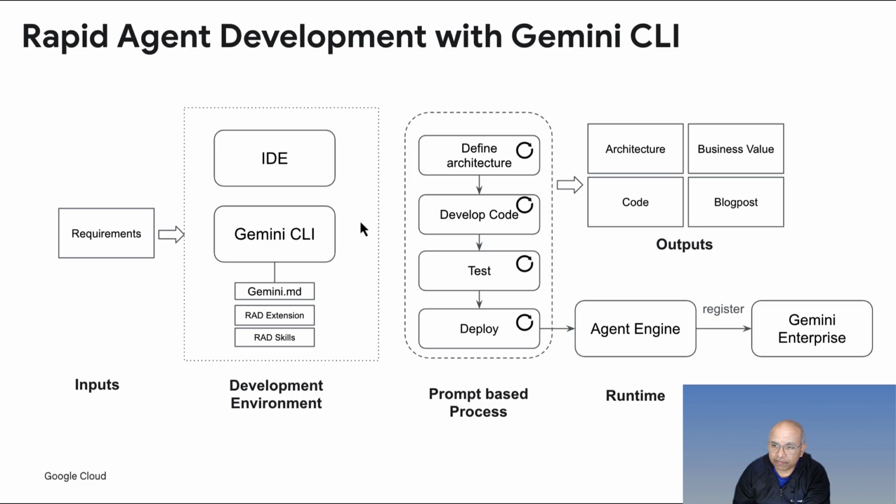As part of this process, you'll also be producing artifacts: the architecture and code we already discussed, but we also have skills that generate go-to-market artifacts, like a business value document if you want to share it with your leadership team, or a blog post in case you want to publish or advertise your agent somewhere.